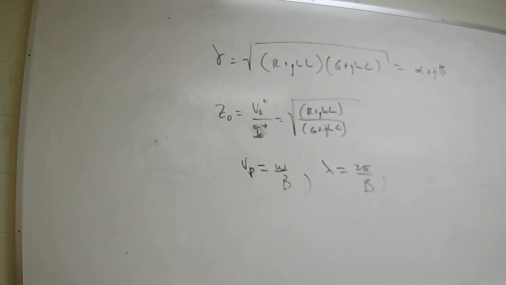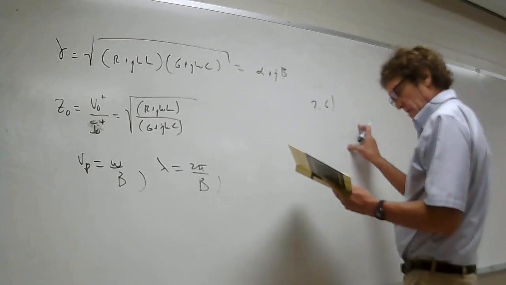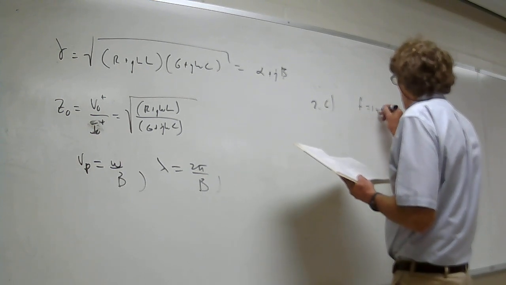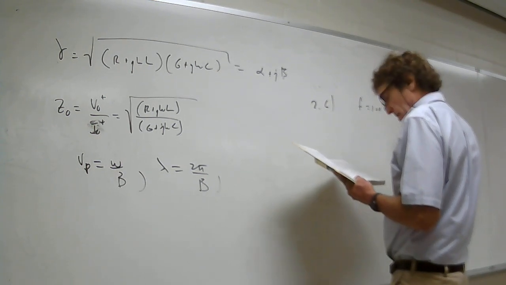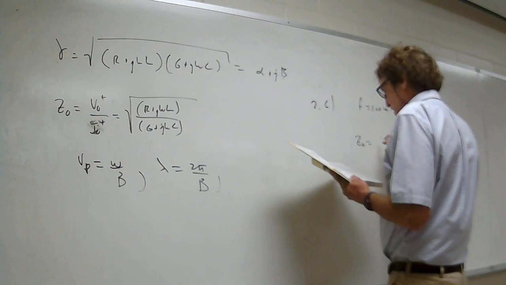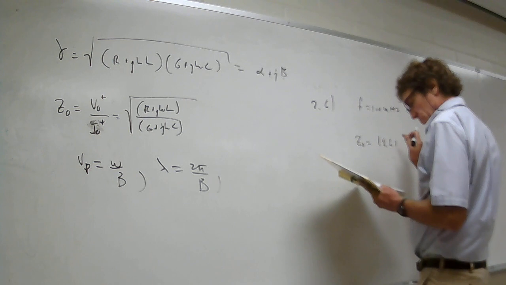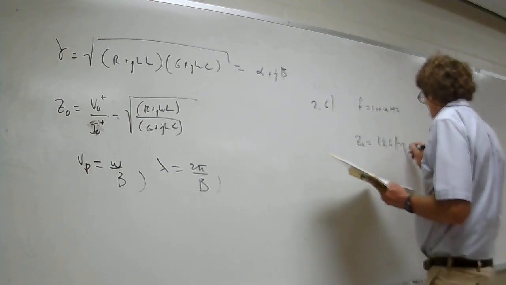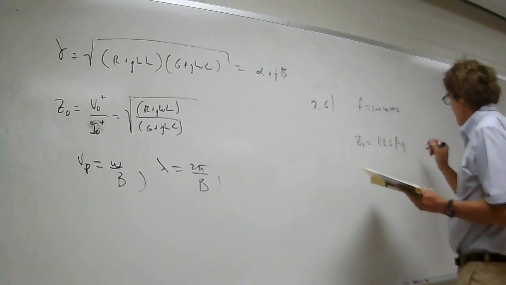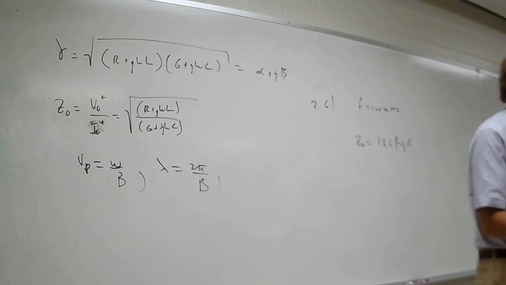I don't know if that is the problem I gave you or not, but for problem 2.6, it says we're at a frequency of 100 megahertz, and we have Z naught given as 18.6 minus j 0.253. Yeah, this is the same problem. All right, we did that? This is the homework. And you did that? You had no problem with it? Okay. Then I won't even bother with that.